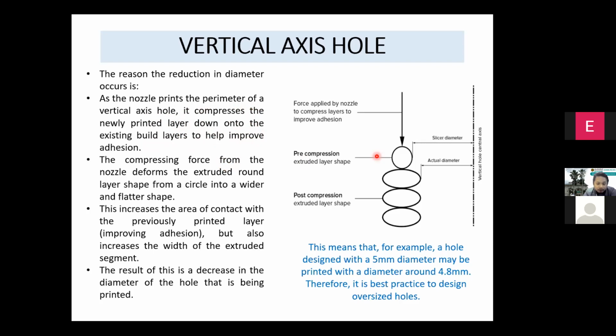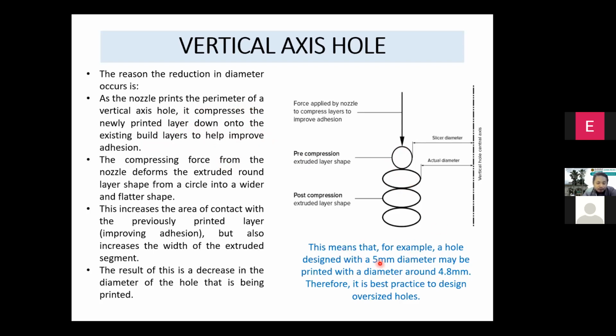So this is the slicer diameter. For example, it's supposed to be 0.2, but when it prints out, the newly printed layer will actually compress the existing layer. So what happened is that the hole is actually a little bit smaller compared to the actual one. So this is the consideration that we have to take.